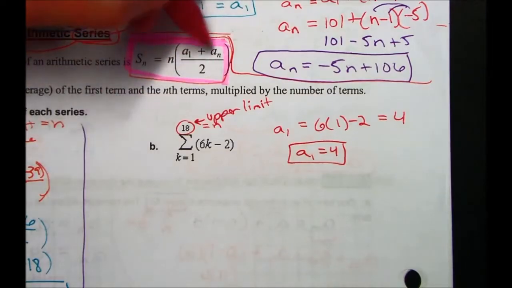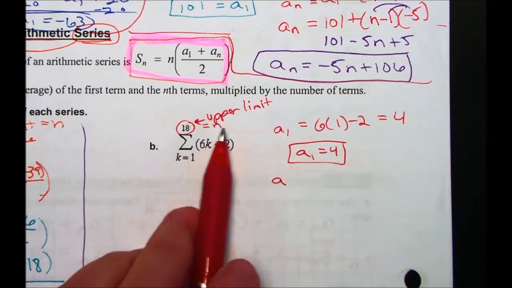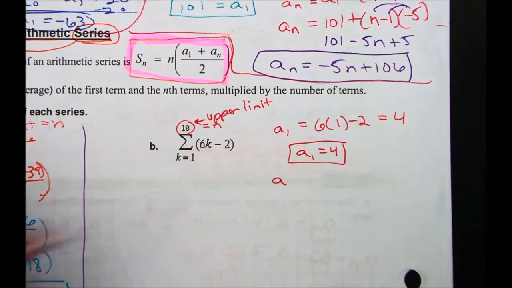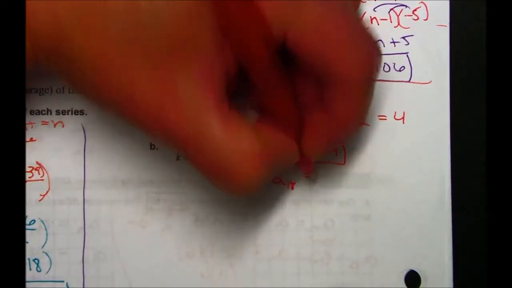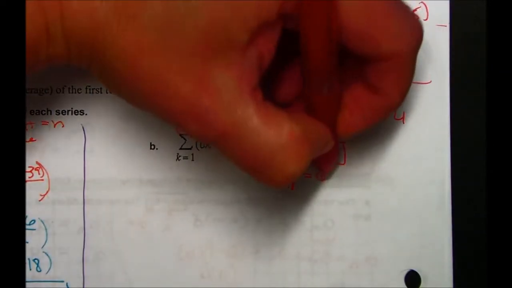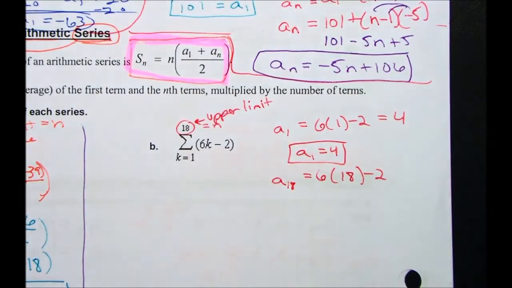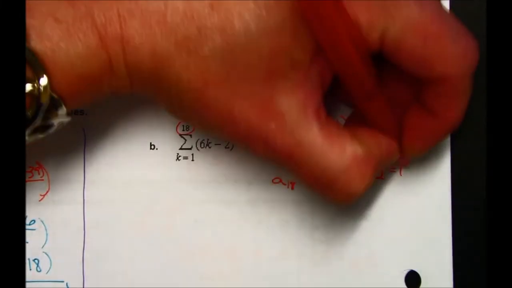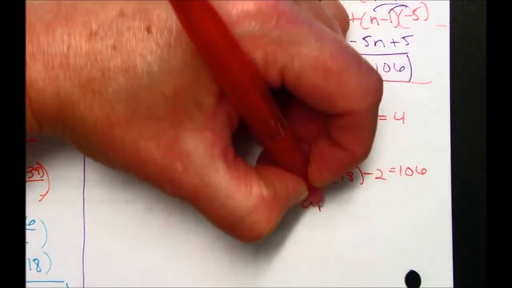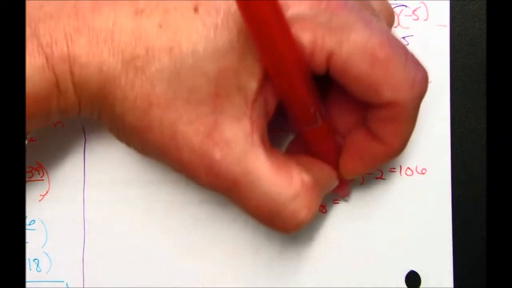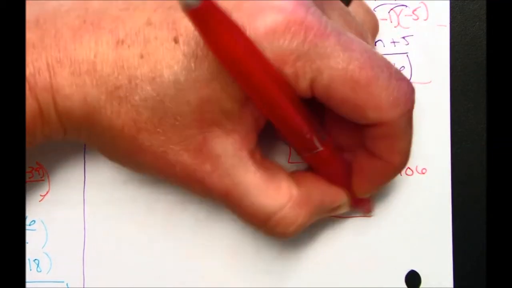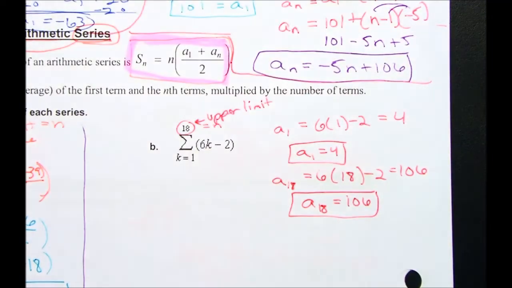And then a sub n, which again our n is 18, equals 6 times 18 minus 2. So I'm going to use my calculator to help me with that. That's going to give me 106. So a sub 18, or the 18th term in the sequence, is 106.